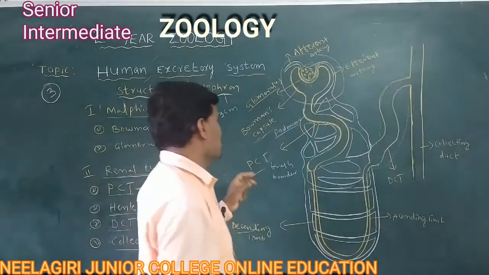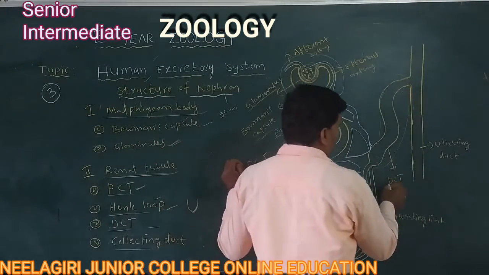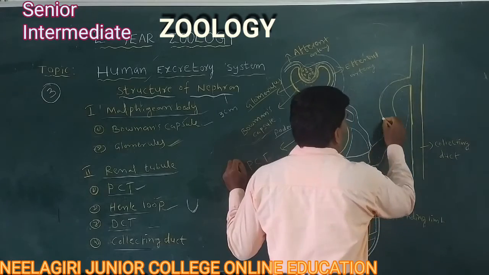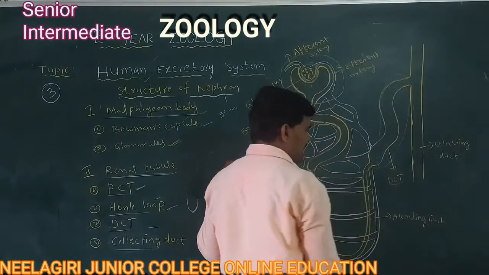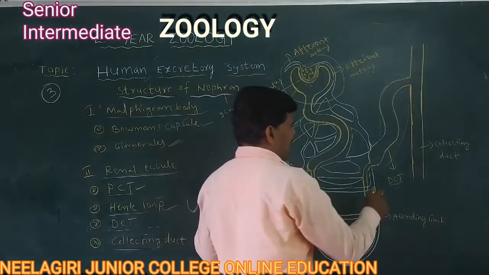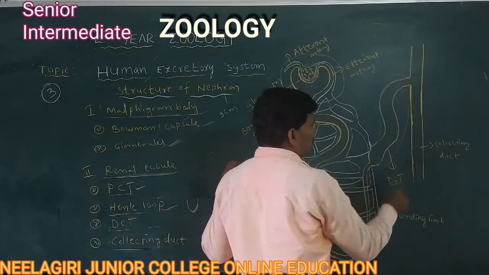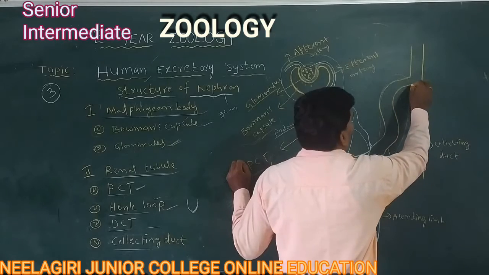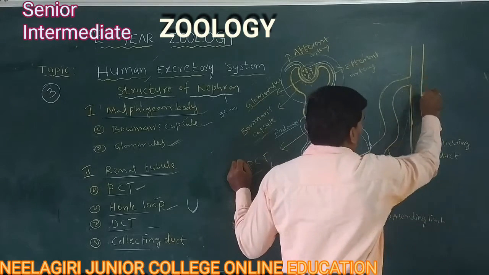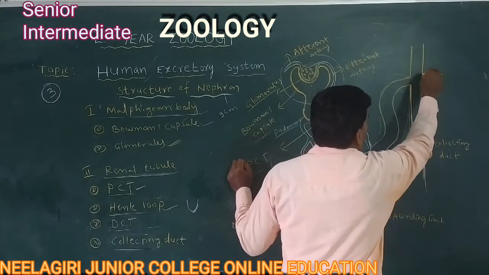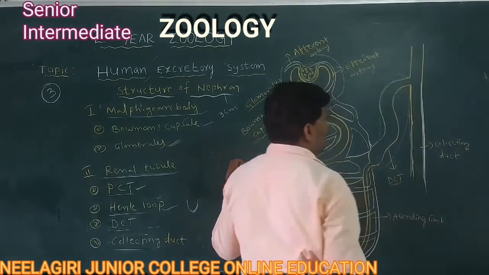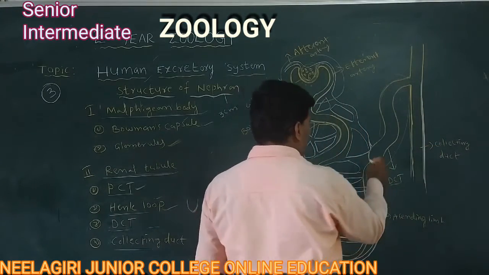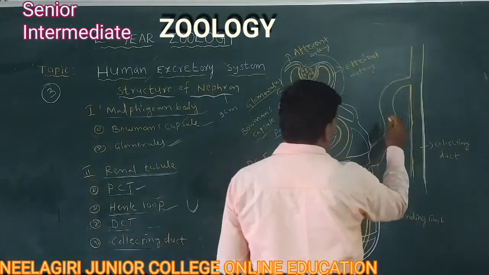The distal convoluted tubule finally opens into the collecting duct.